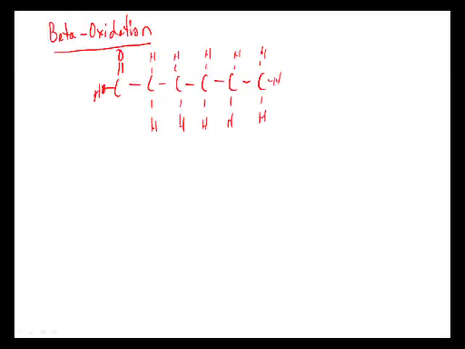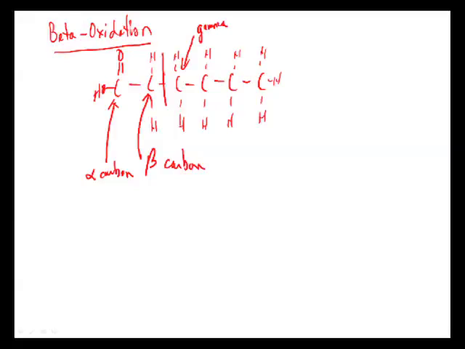So the term beta oxidation comes from the fact that the second carbon here is the beta carbon. The first carbon is the alpha carbon. What beta oxidation will do is break the bond between the beta carbon and the gamma carbon, which is the third one. It breaks the bond between those 2 carbons.